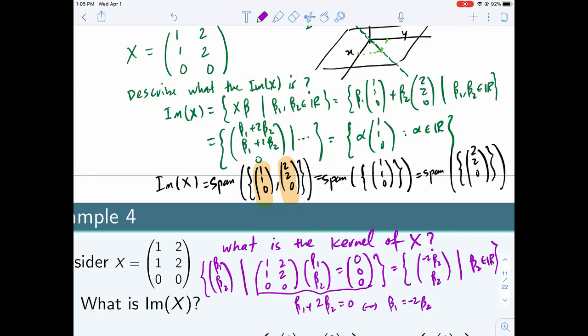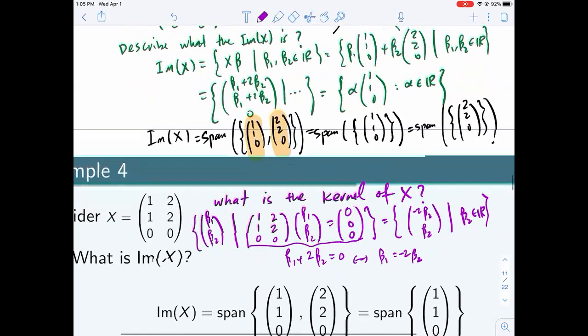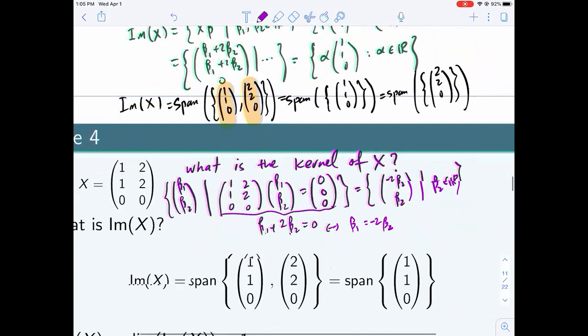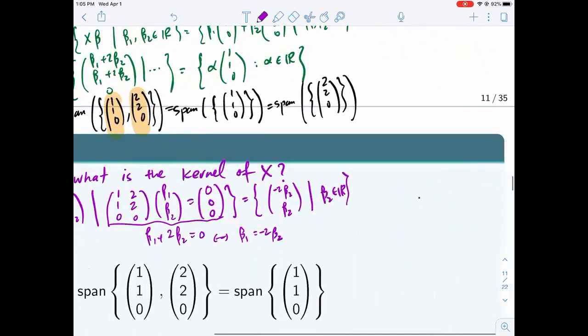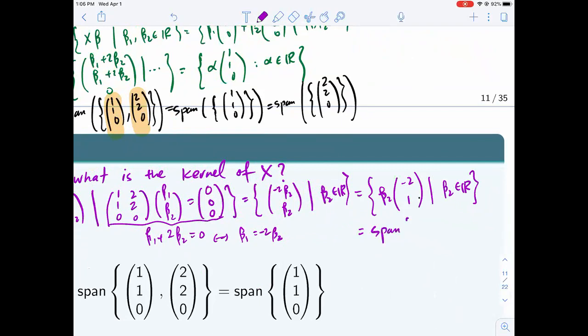Factoring out beta 2, this is beta 2 times the vector negative 2, 1, and beta 2 can be any real number. So the kernel is the span of this vector, not the vector itself, but the span of a single vector.